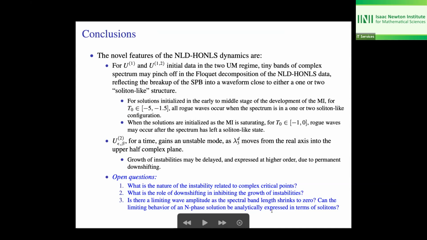And so these are just a repeat of the open questions that we had before: what's the nature of the instability related to complex critical points, what's the role of downshifting in inhibiting the growth of instability, and is there a limiting wave amplitude as the spectral band lengths shrink to 0, and can this limiting behavior be analytically expressed in terms of solitons?